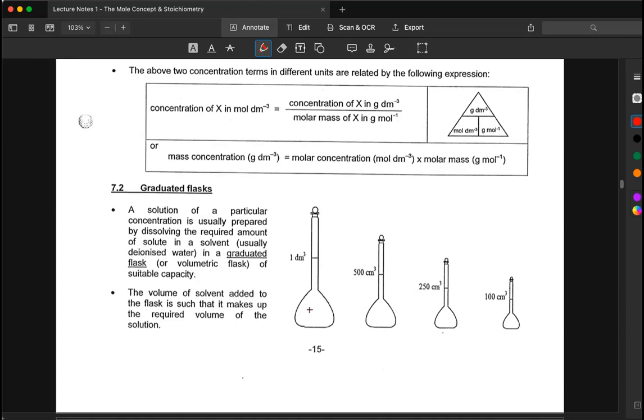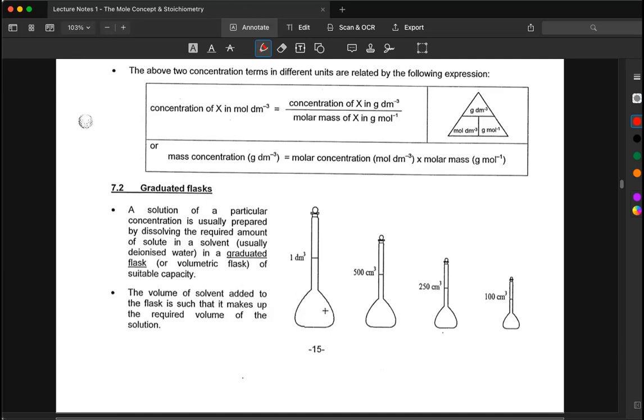What does it do? So it's used to prepare standard solution. Meaning you have a solution of a particular concentration prepared by dissolving the required amount of solute in the solvent. Now we use the term deionized water. You can also call this a volumetric flask.